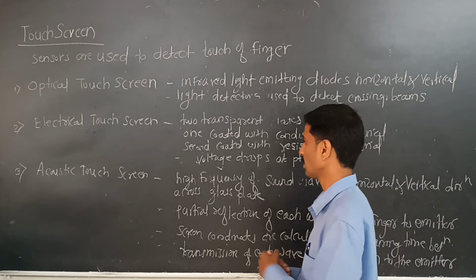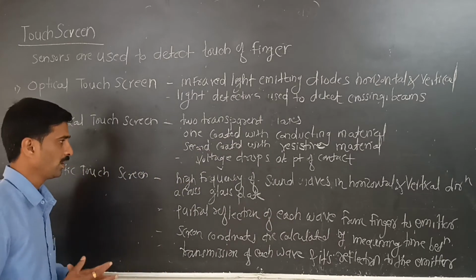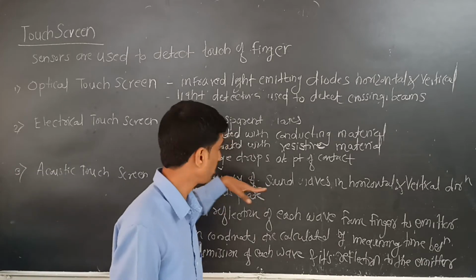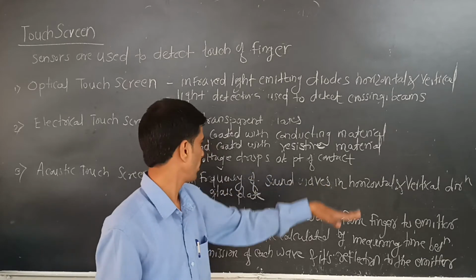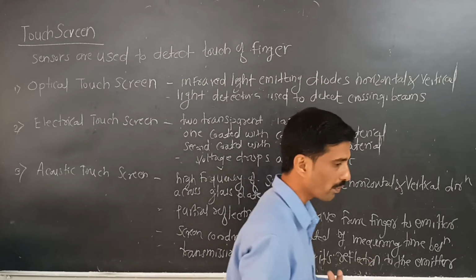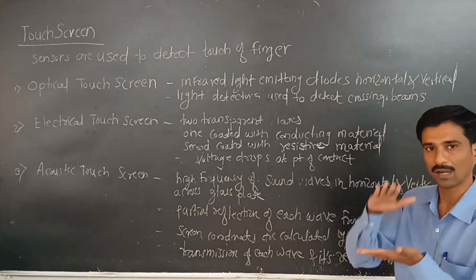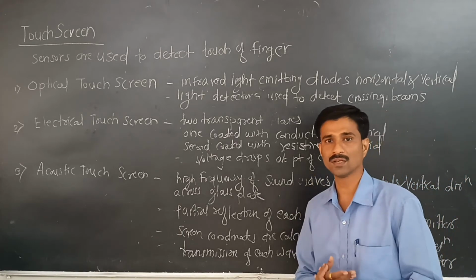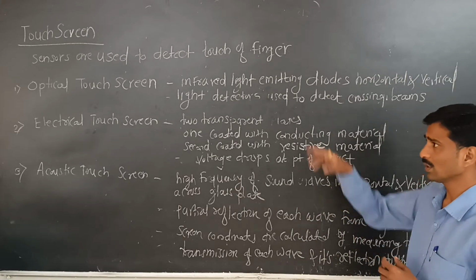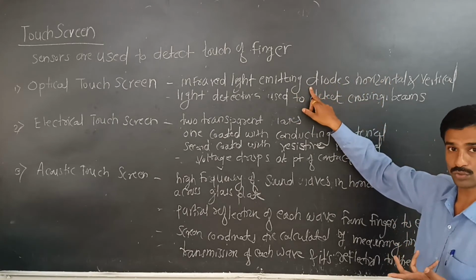As the name suggests, in this we use high frequency sound waves in horizontal and vertical direction across a glass plate, parallel to each other, like optical. In optical, we are using horizontal and vertical diodes.